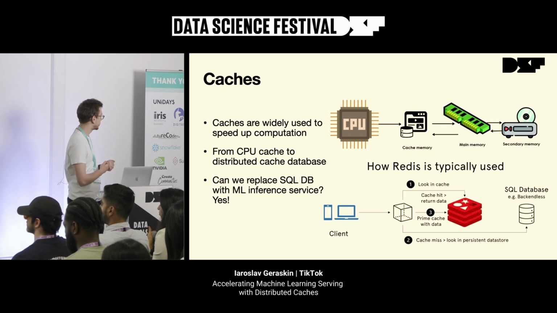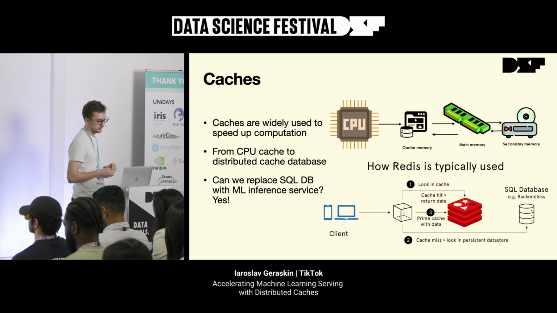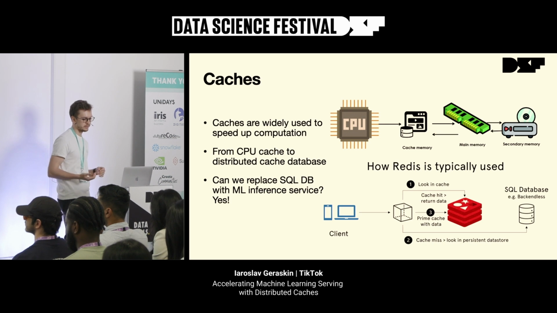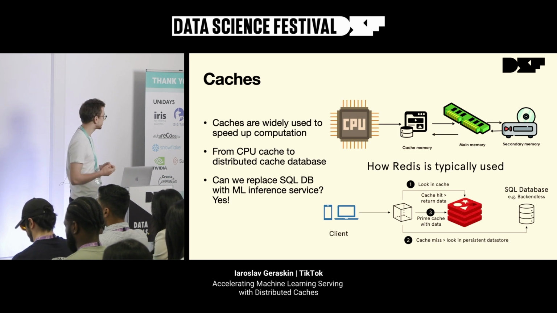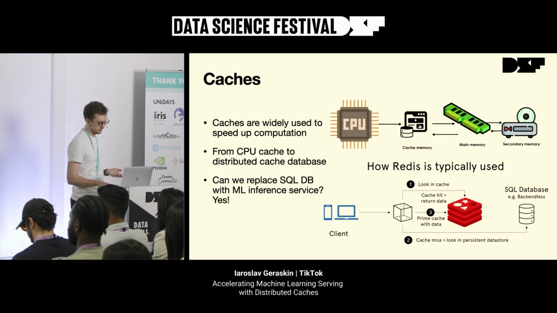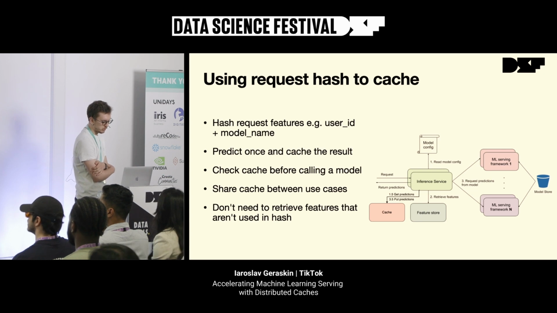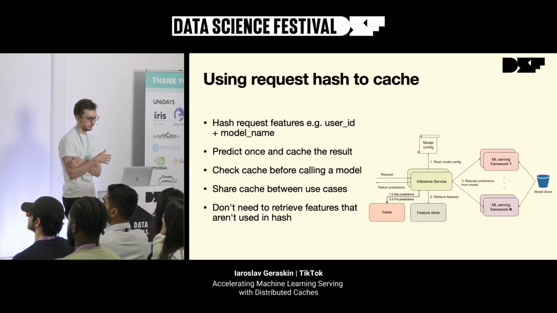So what we can do with machine learning serving services is actually the same thing as with SQL databases. We can store request results in a Redis database or in some other cache system. And if we don't find the result in the cache, we query the machine learning serving service and compute the result. So this is how the whole system changes when we add caches to it.